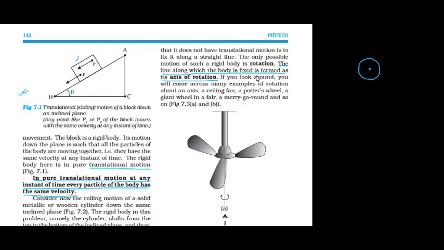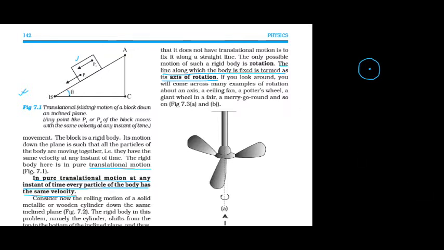If you look around, you will come across many examples of rotation about an axis: a ceiling fan, a potter's wheel, a giant wheel in a fair, a merry-go-round, and so on.